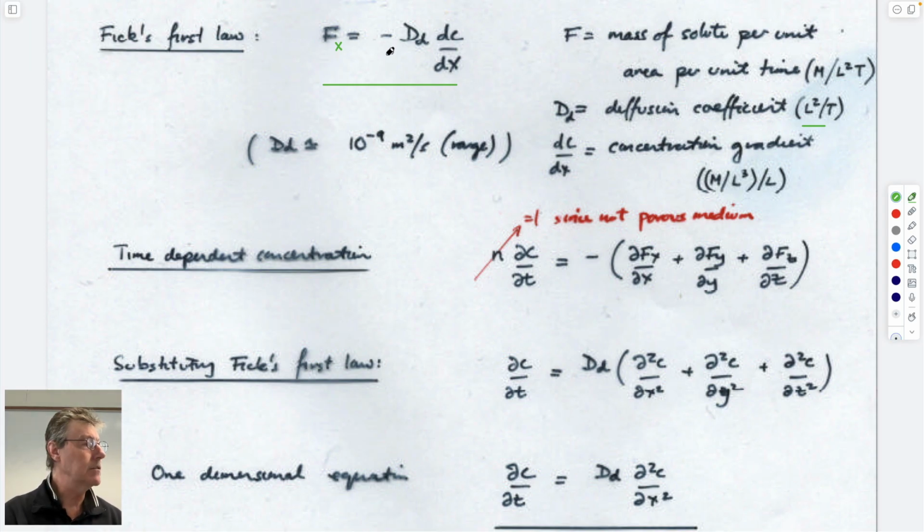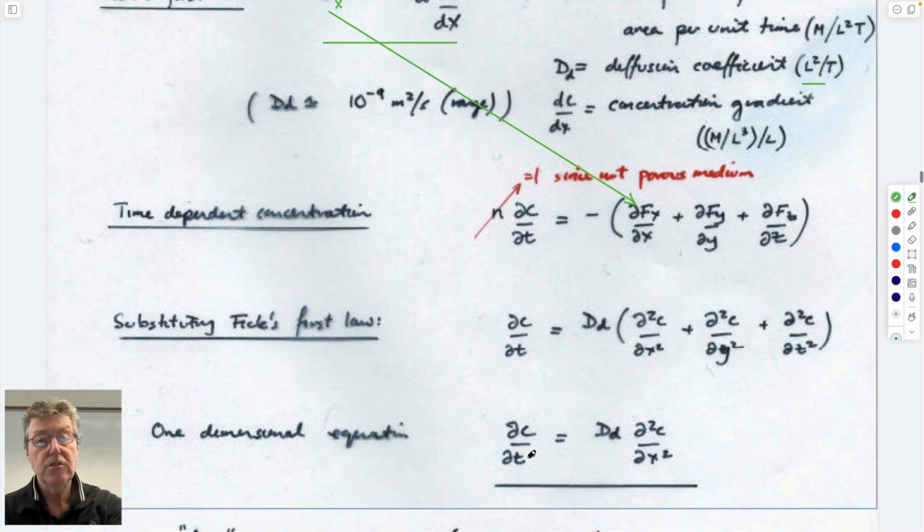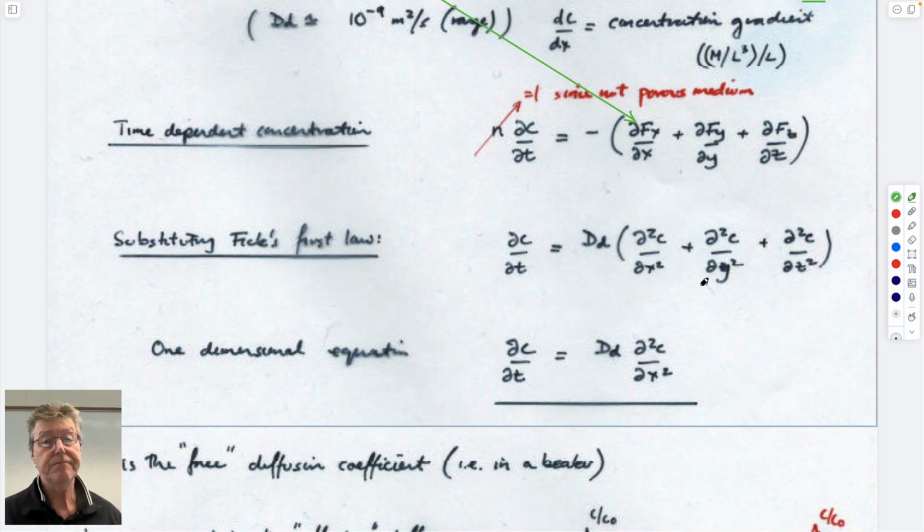The minus sign is because the flux has direction opposite to the positive gradient. It flows downstream, if you like. If you take this and put it into our continuity equation, which we just talked about a little bit, accumulation, mass in equals mass out, and you substitute this, you end up with an equation like this.